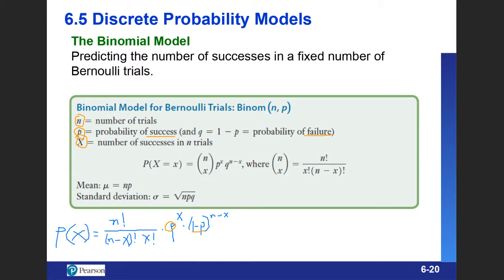But since we're doing everything online, I'm going to show you how to do this using Excel. So you're not required to know this formula or plug in the values using this formula. You're going to need to know how to use Excel. So I will show that to you in a moment. But before we continue, let me show you the mean and standard deviation.